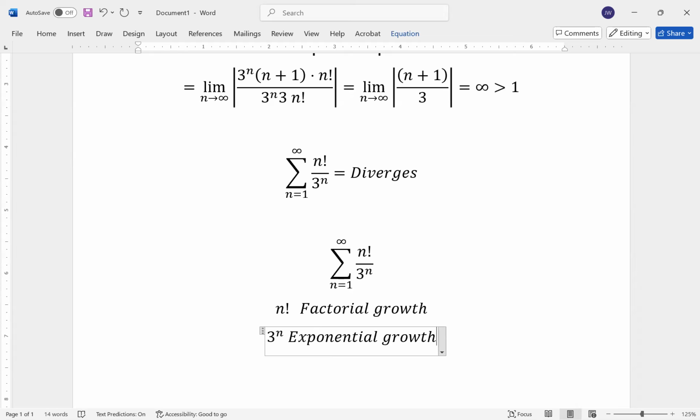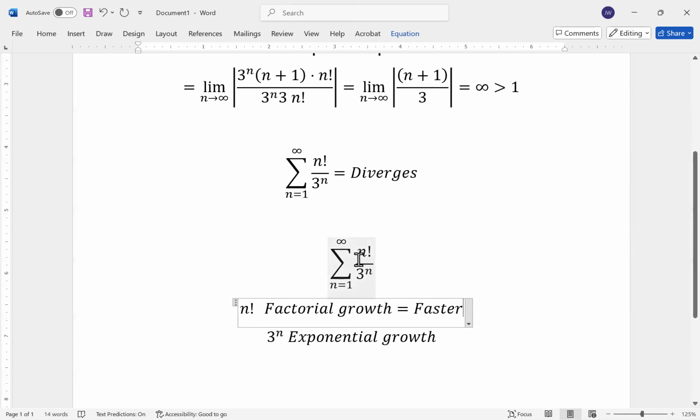And I can ask myself, which one of these is faster? Well, it turns out that factorial growth is faster growth. It's a growth of a faster order, we say in mathematics, than exponential growth.